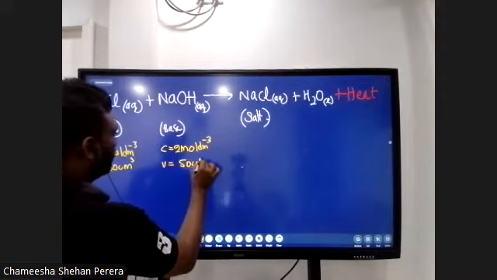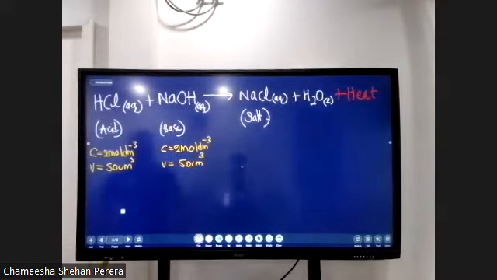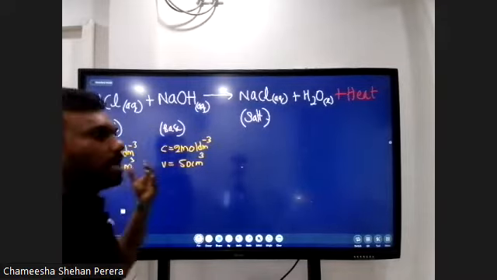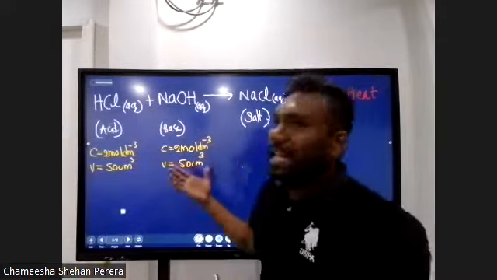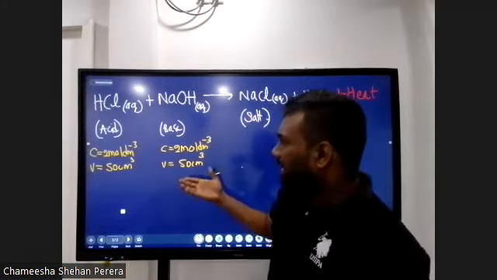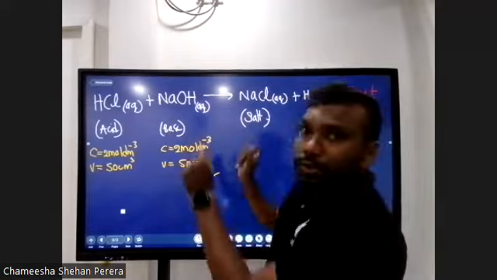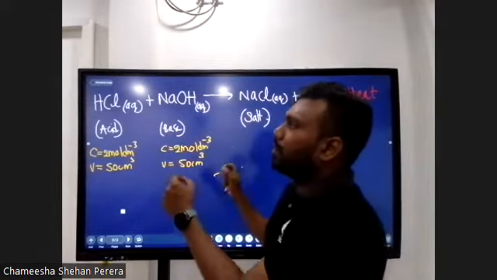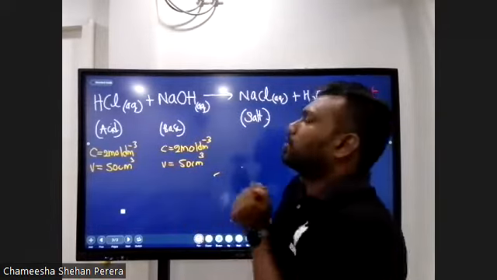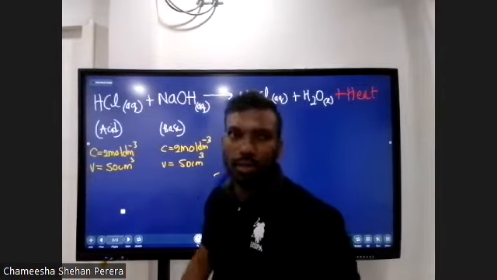Now you know the amount of HCl and sodium hydroxide reacted. Basically I have used 50 centimeter cubes of HCl with a concentration of 2 moles per decimeter cube, and 50 centimeter cubes of sodium hydroxide with a concentration of 2 moles per decimeter cube. Now you know the concentrations of these two chemicals and the volumes used in the reaction. So you can now simply use the equation to calculate the amount of heat.